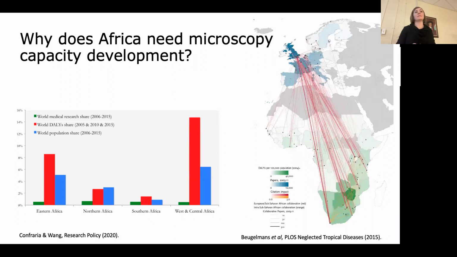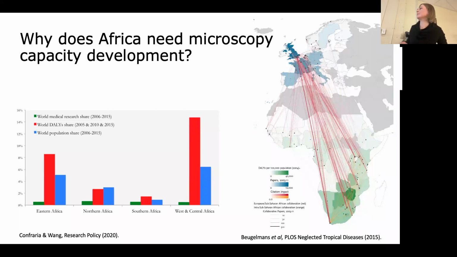In this case, it's just highlighting collaborations with Europe. It means that the research output, that blue shading, is attributed to European institutions. Most African researchers are then functioning in collaborative projects where they are not the driving force behind a lot of the research being done.